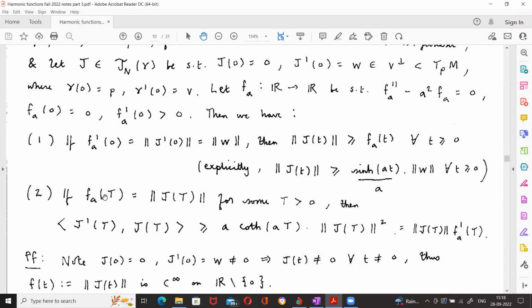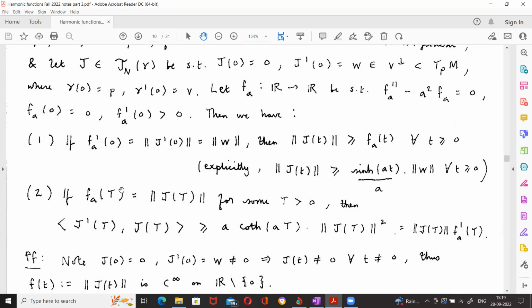And if FA satisfies this condition, then I have this inequality. So these are two different FAs. They're not the same function FA. Do you understand? Yes, fine. Now it makes sense, yeah? So I can choose FA as I please. I can choose FA to suit what I want to prove. So it's not the same function FA in part 1 and 2. It's two different functions, yeah.